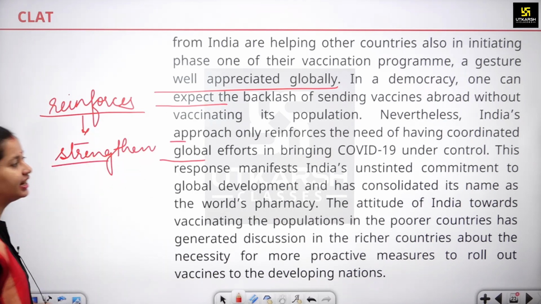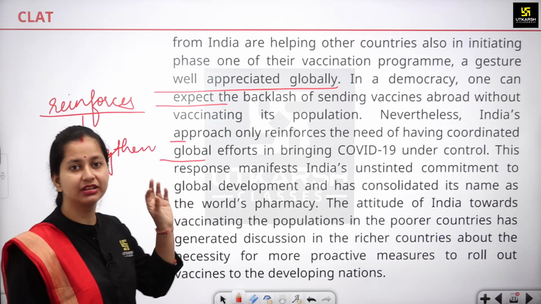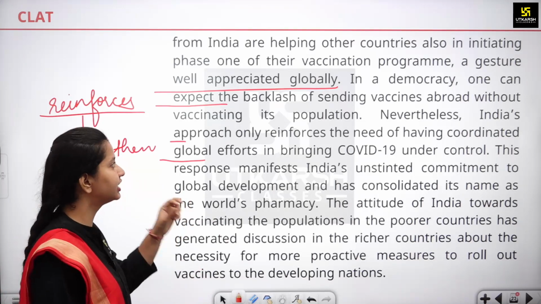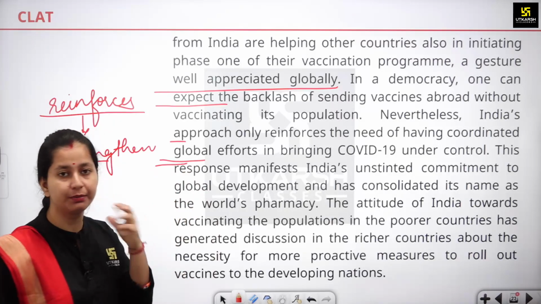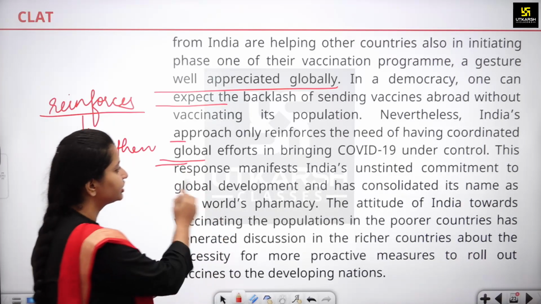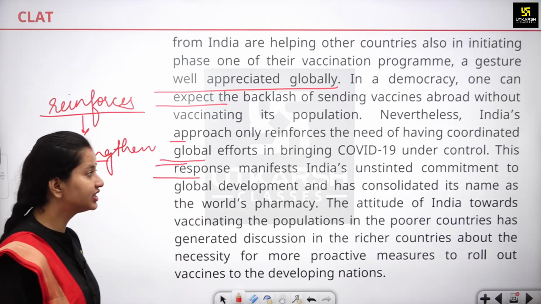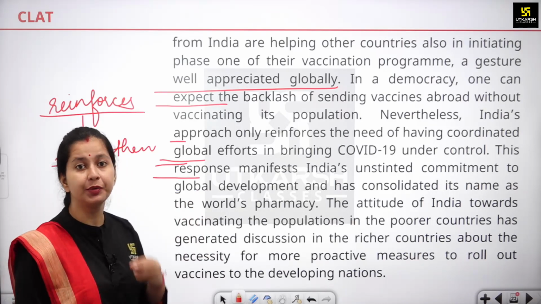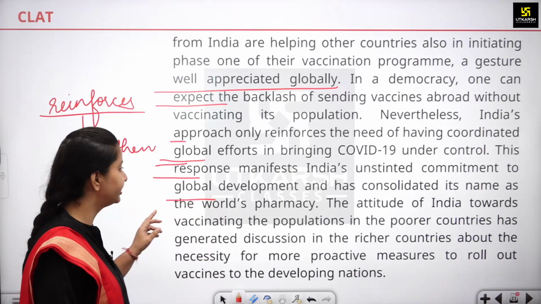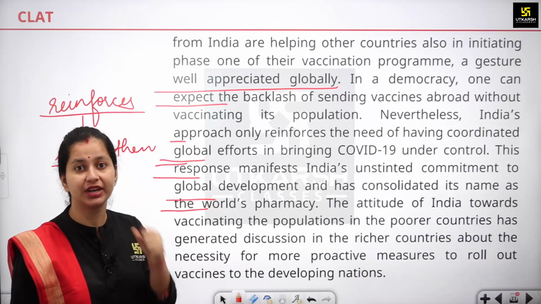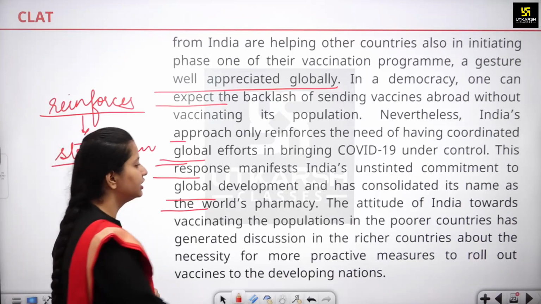So it is saying that it is an approach to have a coordinated global effort to bring COVID under control. This response manifests India's unstinted commitment, meaning unwavering commitment, to global development, and has consolidated its name, meaning strengthened its name, as the world's pharmacy.